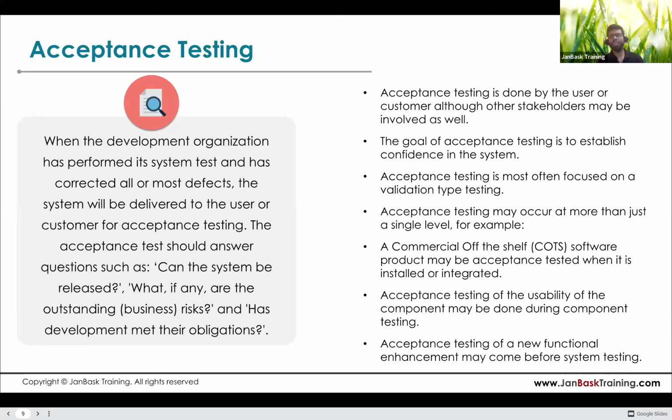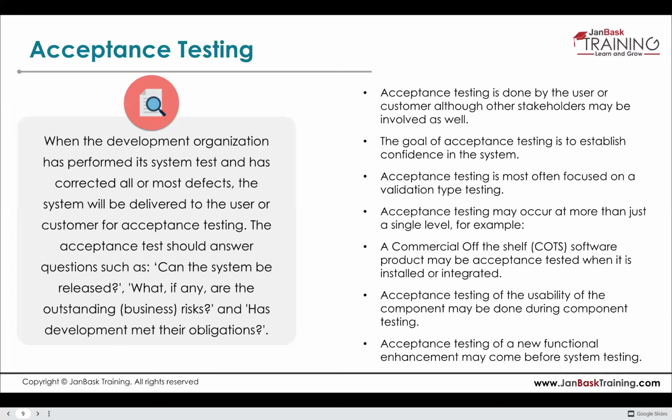Normally we don't do this, but in the agile, iterative or incremental model, the customer is always involved. So when we are doing component testing, we can give the component to the customer and they can test it from their side as well. That will be the acceptance testing of that particular component.